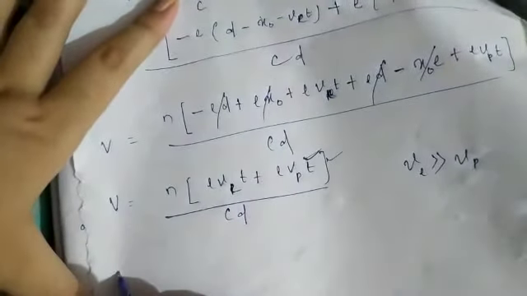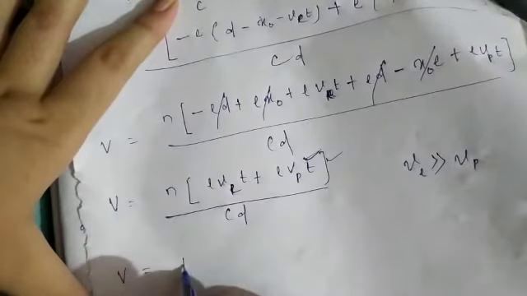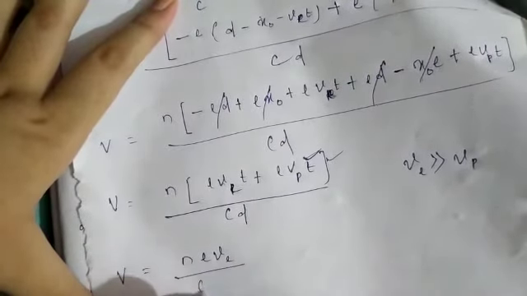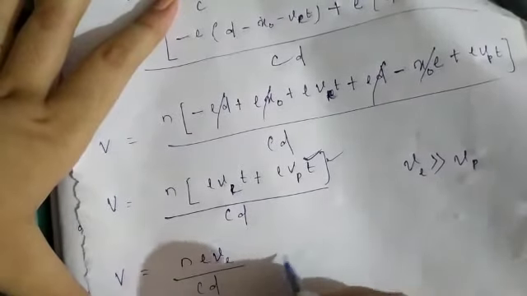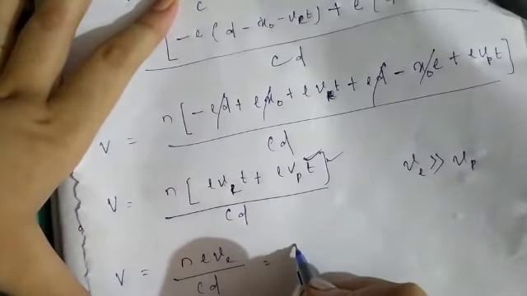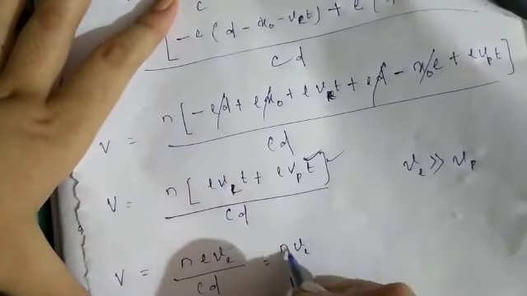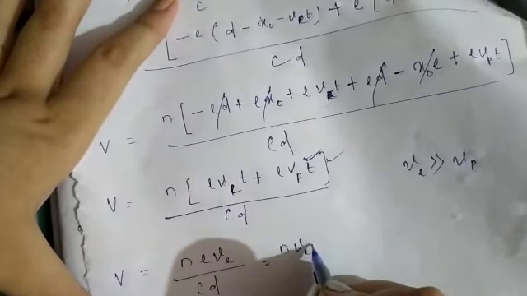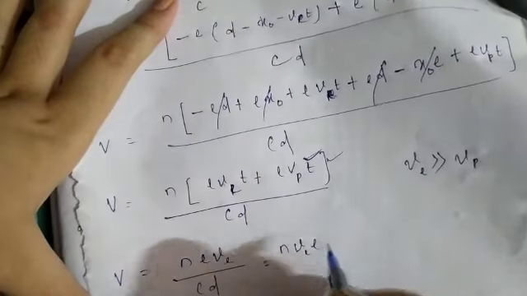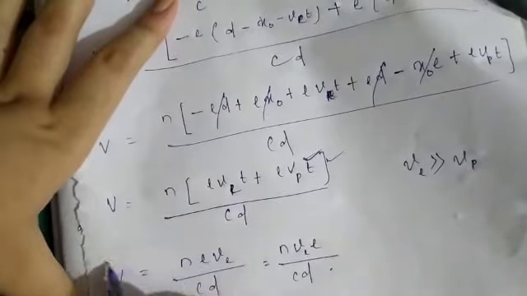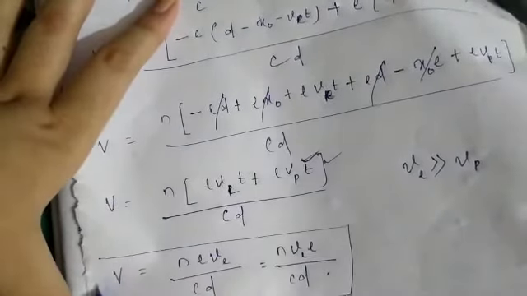In that case, V should be n e v_e t divided by CD. So we have the expression of potential.